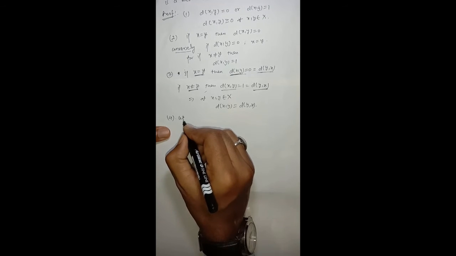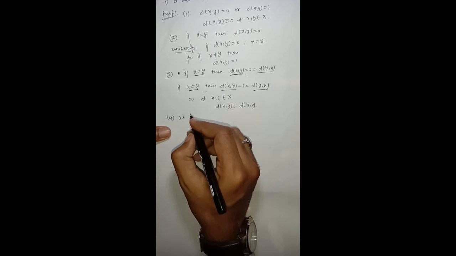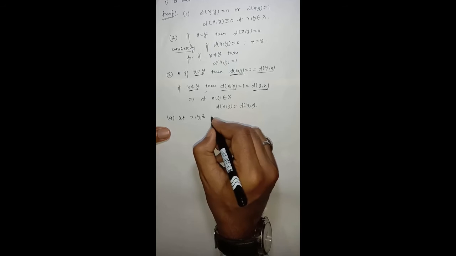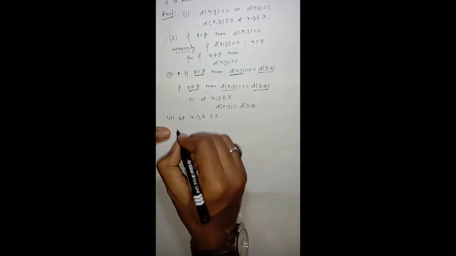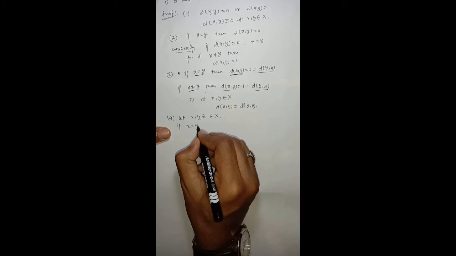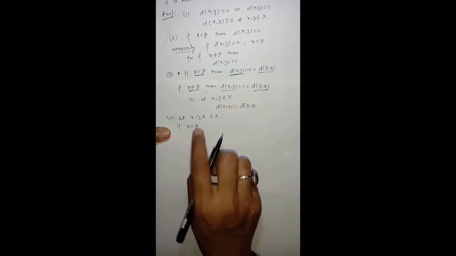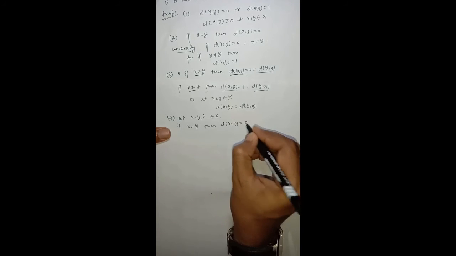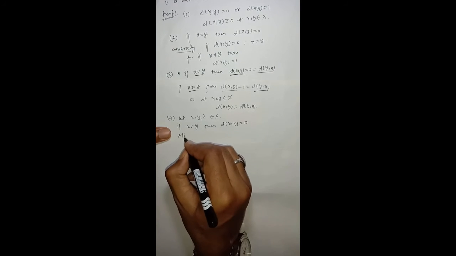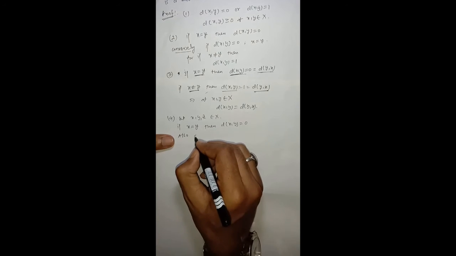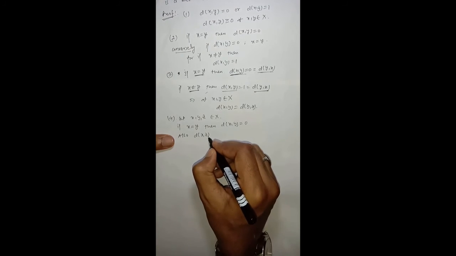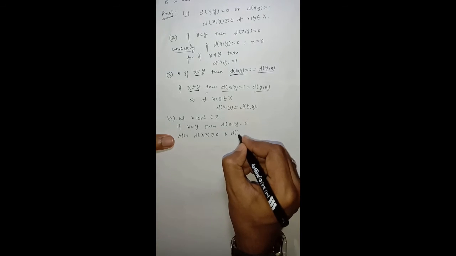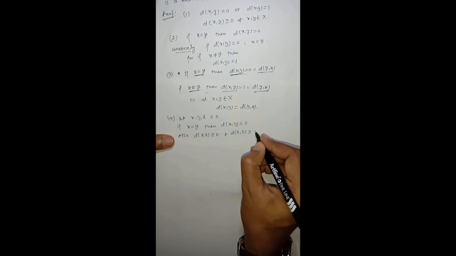Now the fourth property, the triangle inequality. Suppose x, y and z are any three points of X. If x is equal to y, by the definition d(x,y) is equal to 0, and also d(x,z) is greater than or equal to 0, and d(z,y) is greater than or equal to 0.